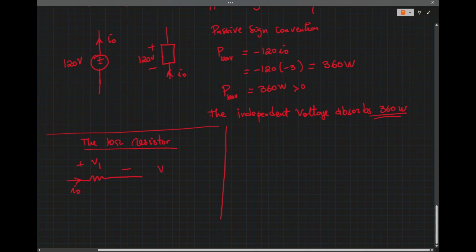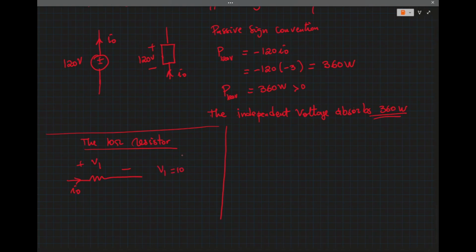So V1 equal to 10 times I0. That means 10 times -3 amps, which is -30 volt.